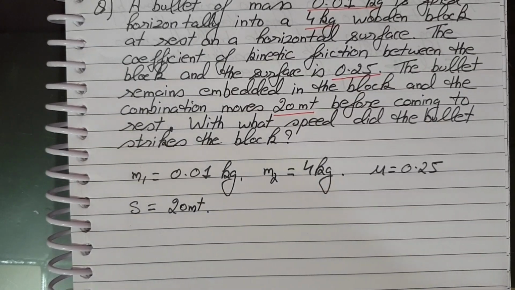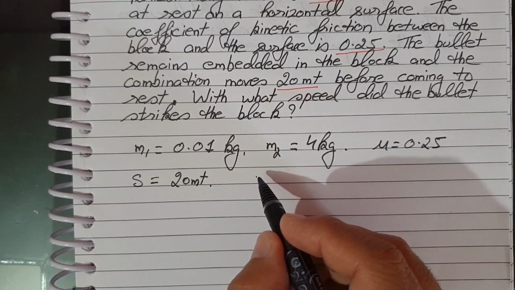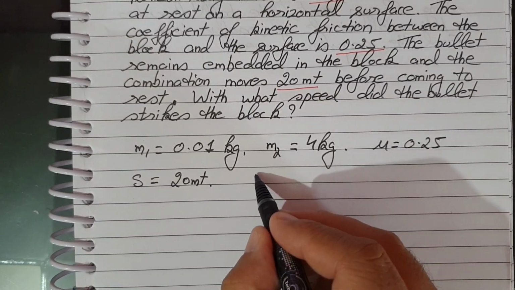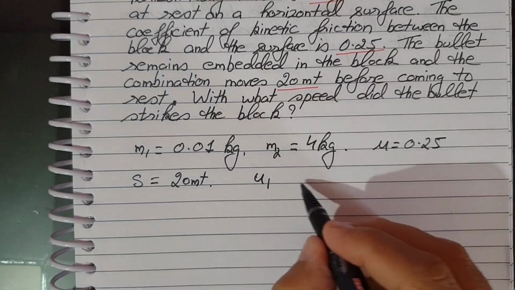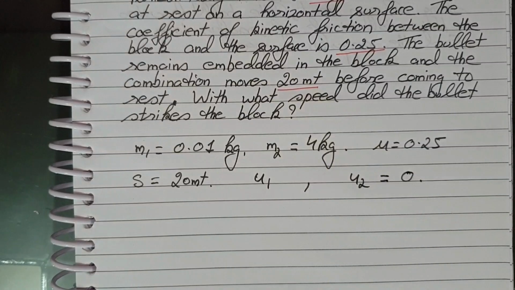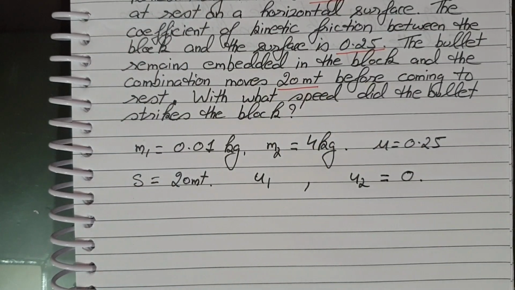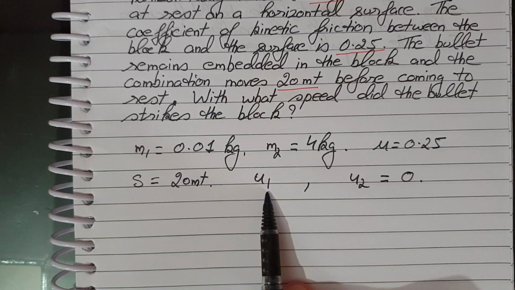Now let the velocity of the bullet be u1, and we know that the initial velocity of the block, u2, is 0. We have to find u1 only.